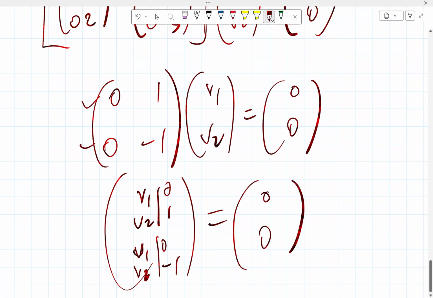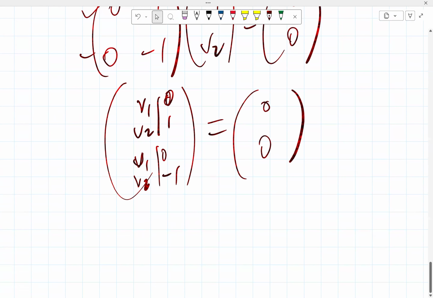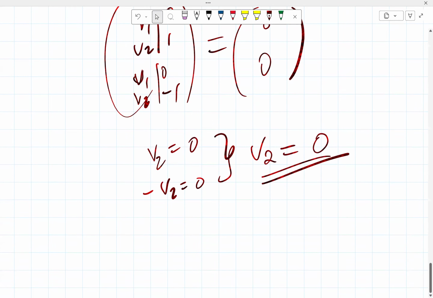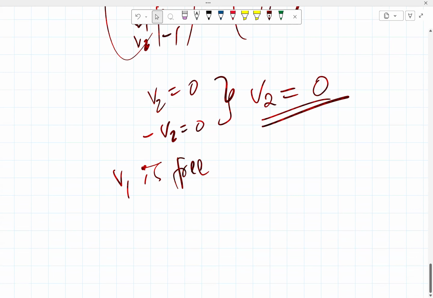If you multiply this out, the V1 is gone in each case. So you have V2 equals 0 or minus V2 equals 0, which tells us conclusively that V2 is equal to 0. And we have a free variable: V1 is free, so you can assign it any value you like, especially 1.